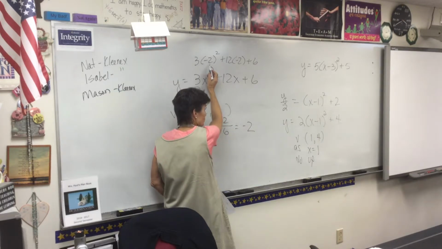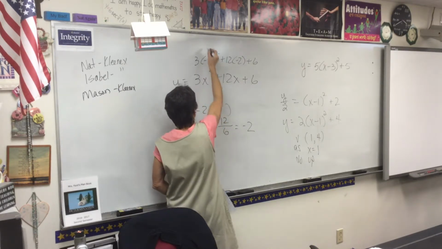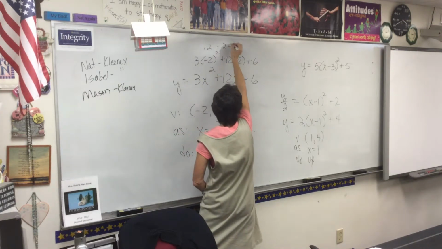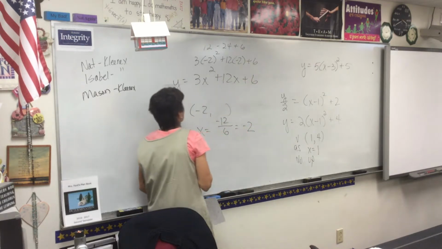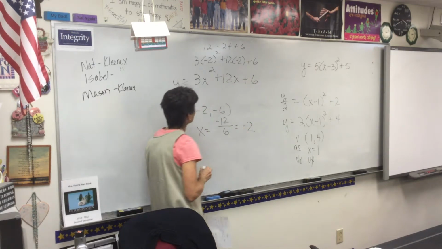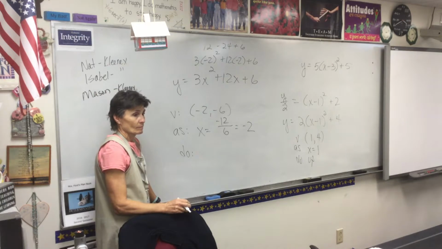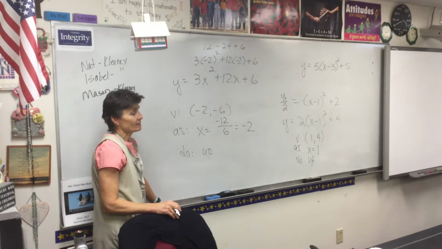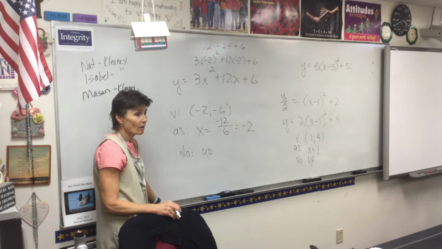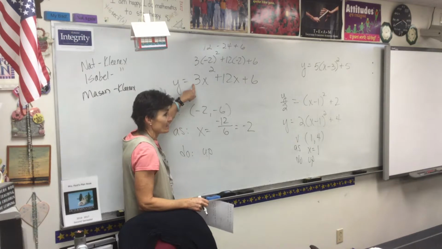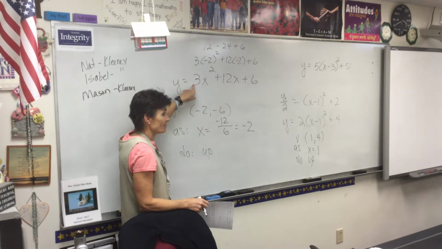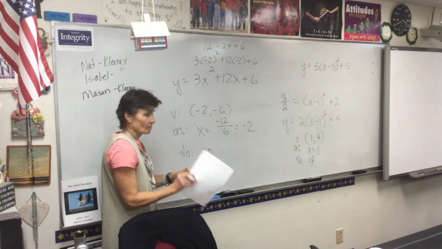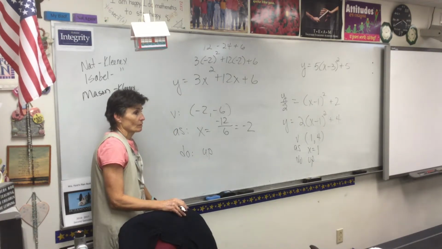Negative 2 squared is 4 times 3 is 12. Make sure that's a 12. Minus 24 plus 6. Negative 6? Yes. And the direction of opening is up. We are not going to miss that. The only way the direction of opening will be down is if that number right there is a negative. It can be, and if that's a negative, then it opens down. We okay with that? Front side good?